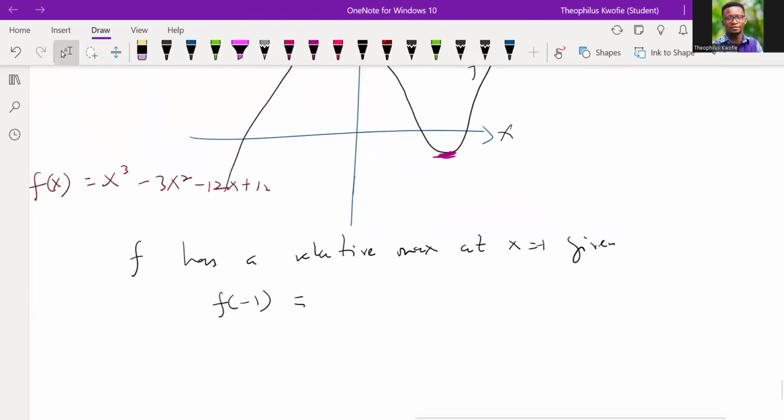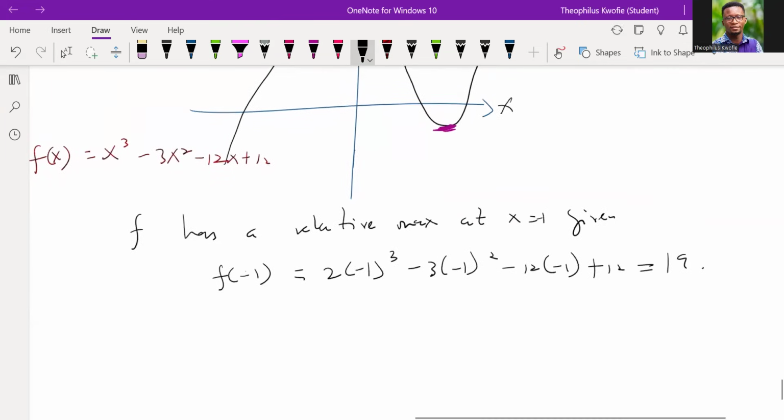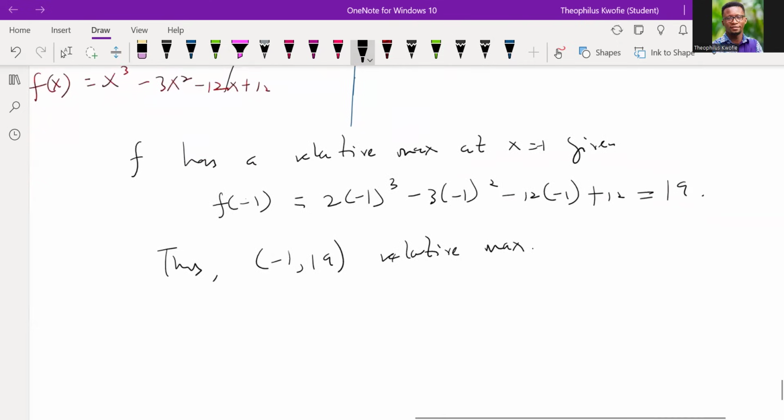So when you plug in, you should have something like this, which should give us 19. So we will have -1 and 19 as a relative maximum. Is that okay? Good.